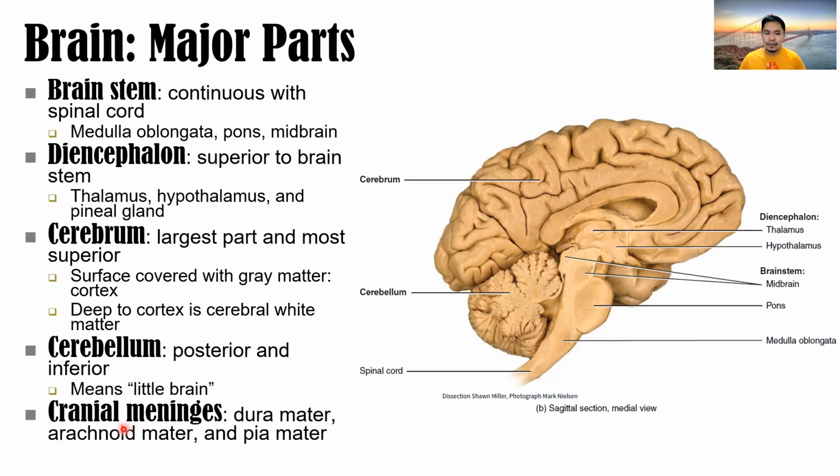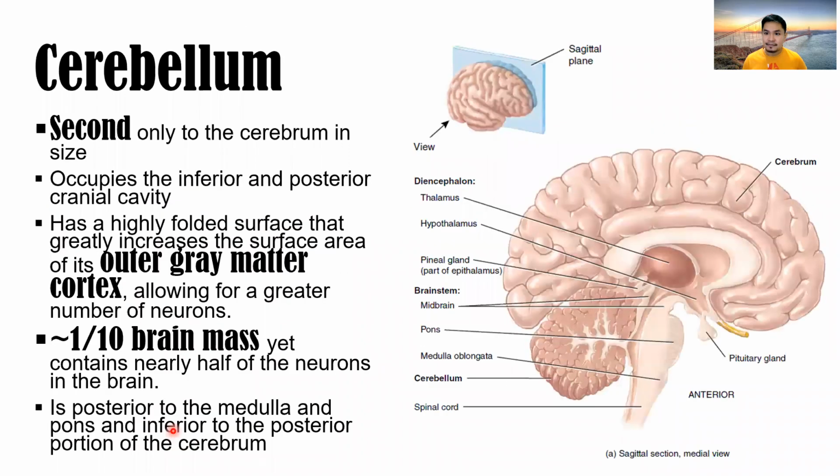And of course, we all know that the brain and the spinal cord are covered with protective layers of meninges. From outer to inner, we have the dura mater, the arachnoid mater, and the pia mater. Okay, your cerebellum is second only to the cerebrum in size.